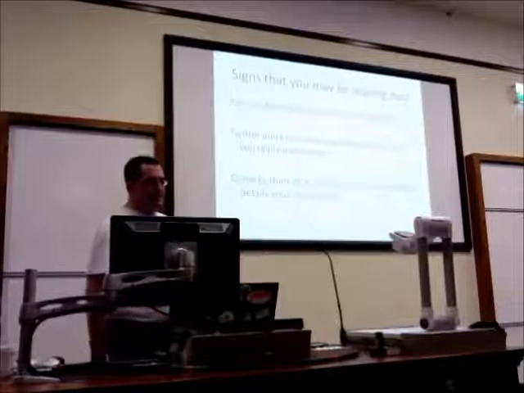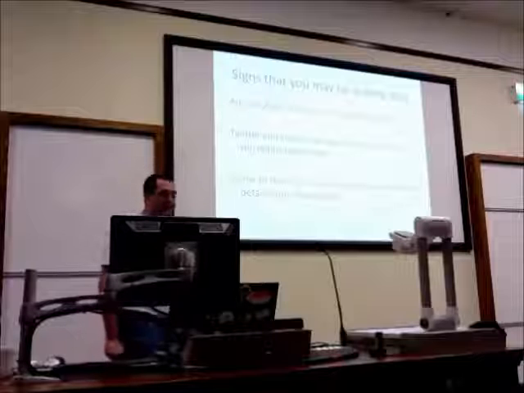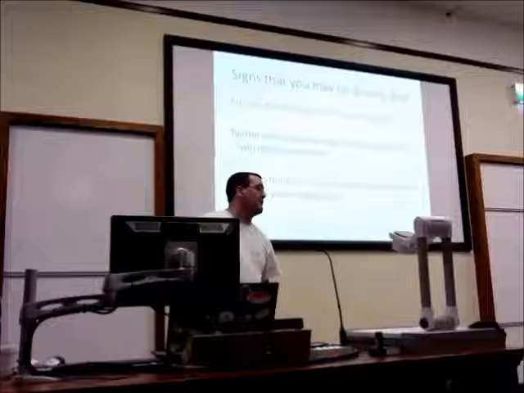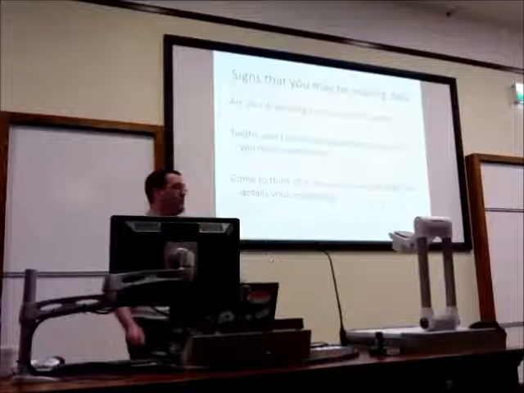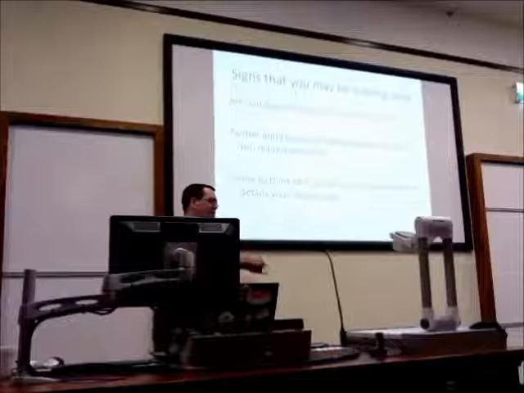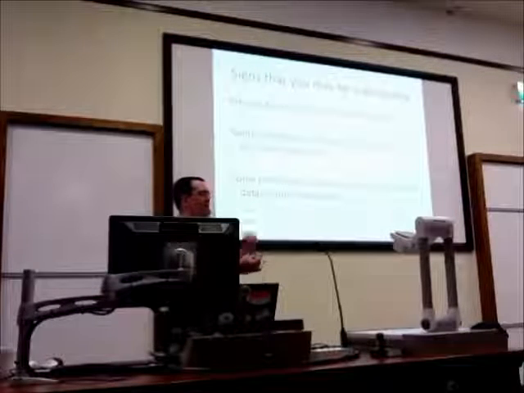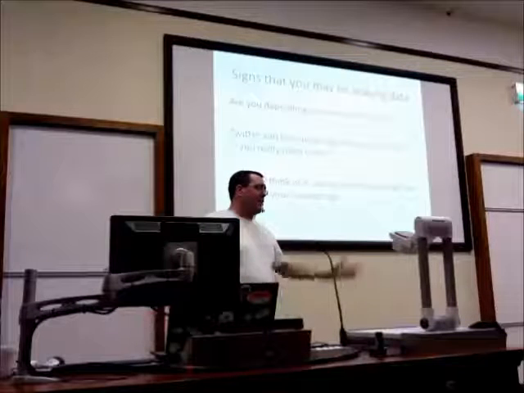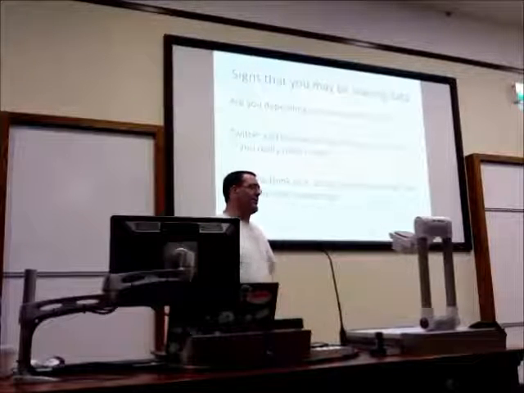Are you depending on too many third parties? Twitter and Facebook are great for single logins, OAuth and all that stuff. But do you really need the Facebook friends count and the number of messages they posted and the number of cute cat photos that they uploaded that day?